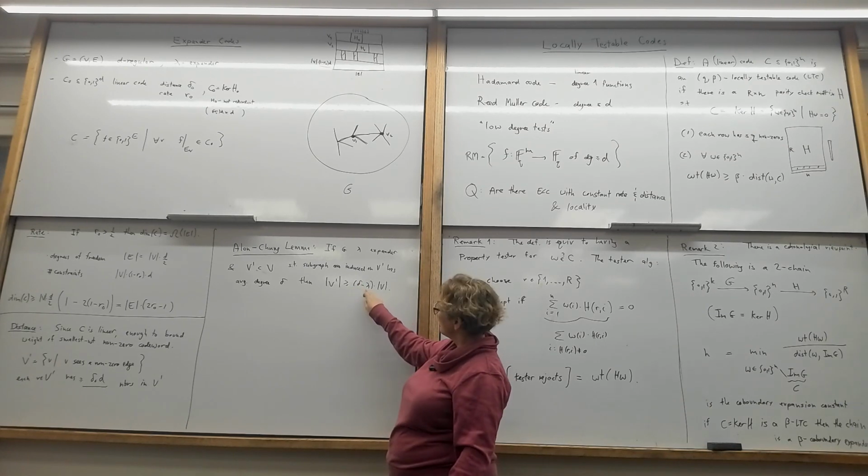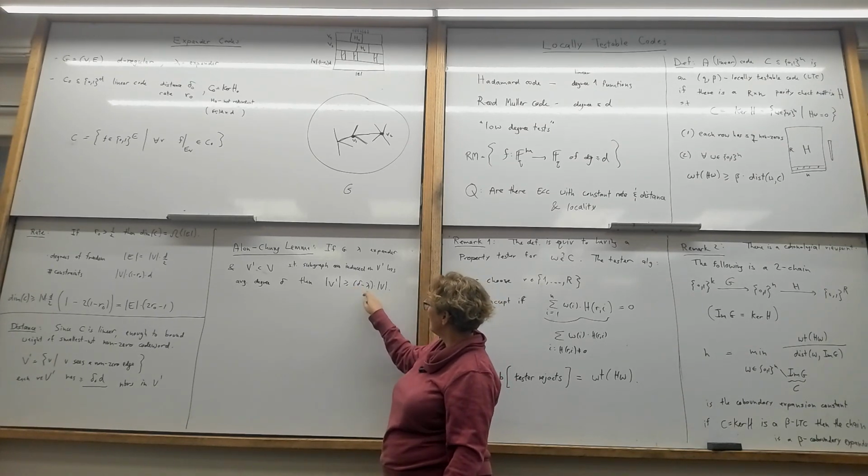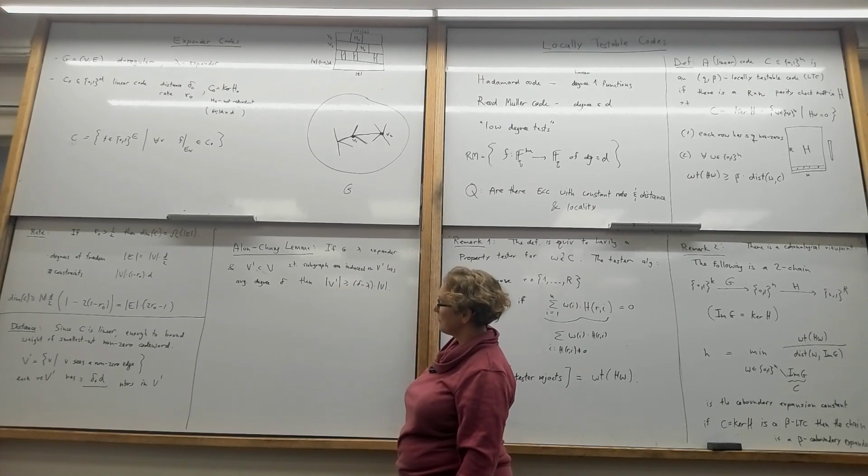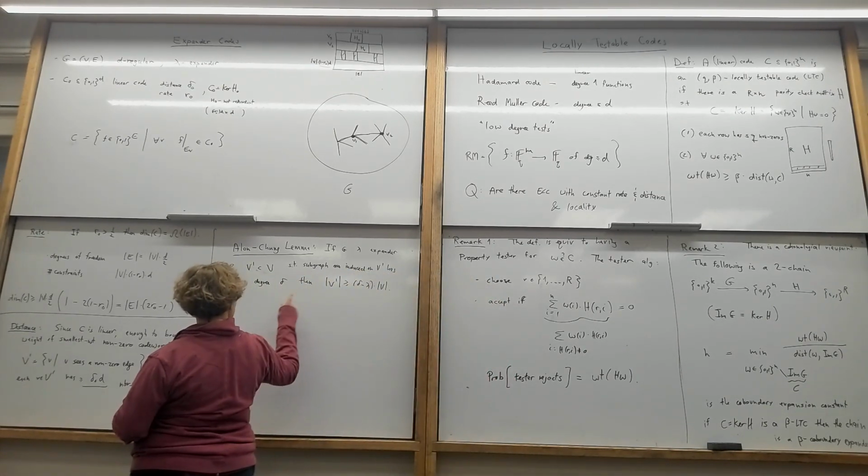So if delta is smaller than lambda, you don't get anything, but once delta is above lambda, your set becomes linear.